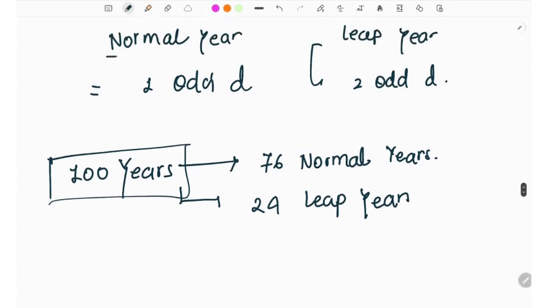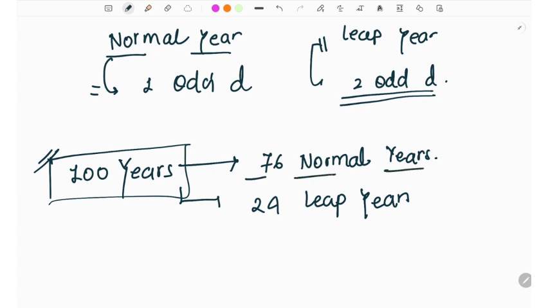Now I have told you that in one normal year there is one odd day, and in one leap year there are two odd days. So in 100 years there are 76 normal years. In 76 normal years, how many odd days will there be?